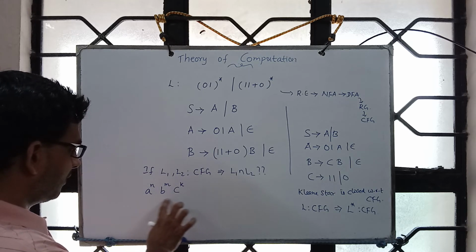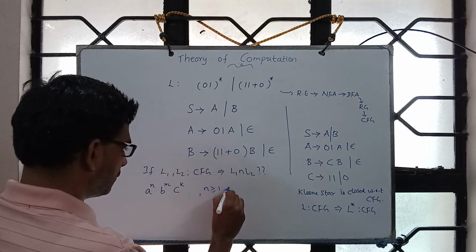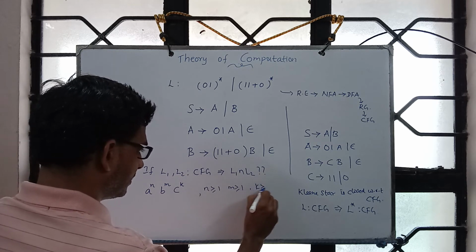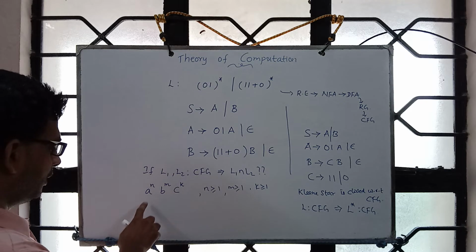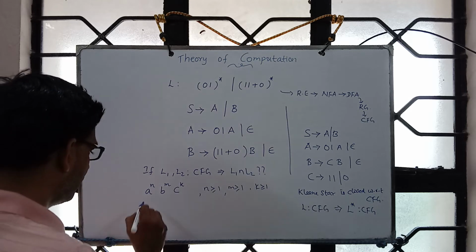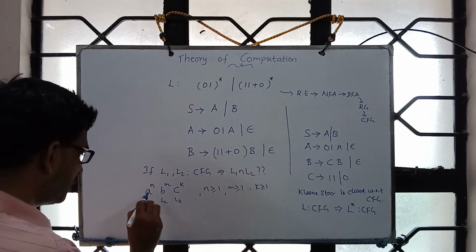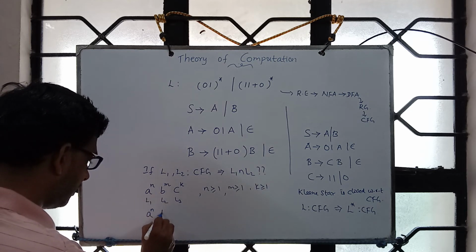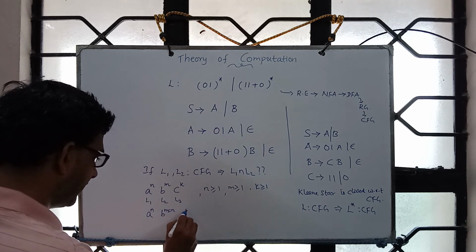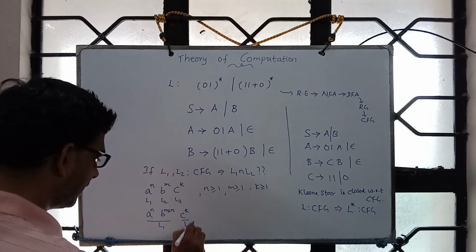Now if there is no condition at all, n is at least 1, m is at least 1 and k is at least 1, then you can construct L1 concatenated with L2 concatenated with L3. So you can write this as L1, L2, L3. Supposing these two are the same, say A power n, B power n, and this is the same as this, followed by C power k, then you can write this as L1 and this as L2.